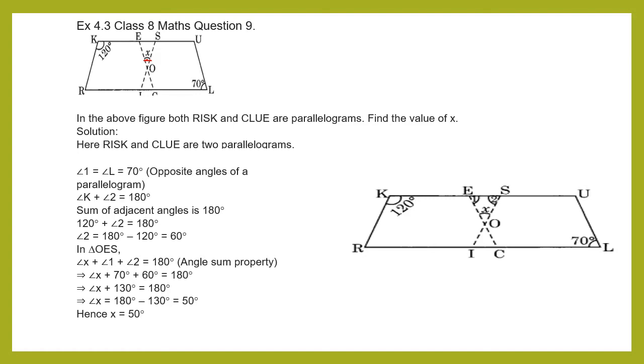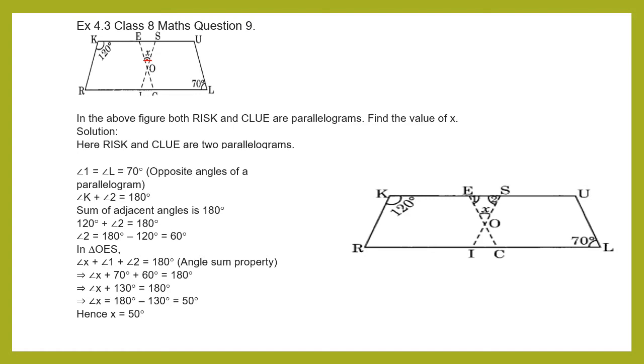Here RISK and CLUE are two parallelograms. By using any of the properties of the parallelograms, we want to solve this problem. Children, they marked the angle K as 120 degrees and angle L as 70 degrees.